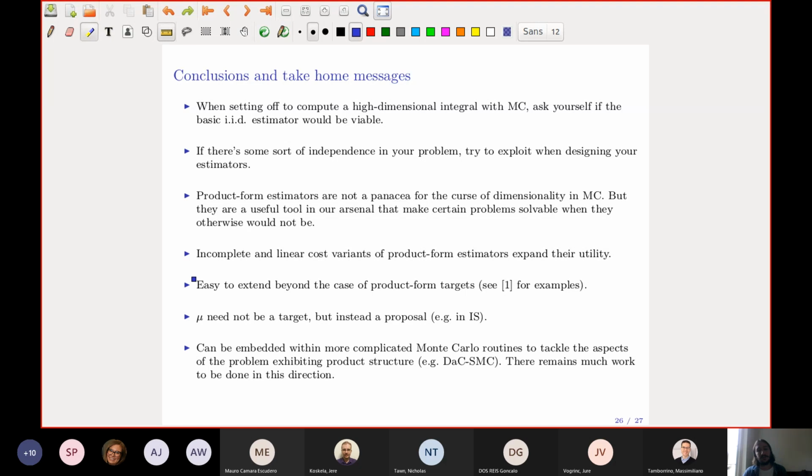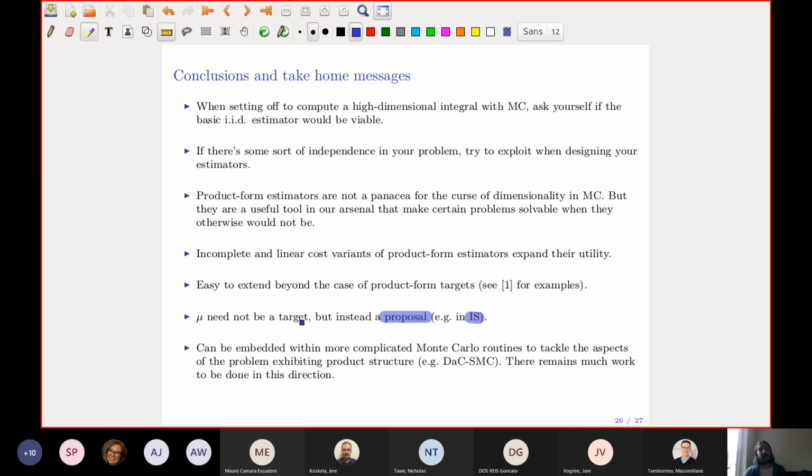And this is not something I went into in the talk, but it's really easy to extend these things beyond just product form targets. We put some examples in our reference in the preprint. There's one for when your target is a mixture of product form distributions, and that one's kind of obvious. And also, if you're using importance sampling and your proposal is product form, not your target, which is probably a lot more common, then you can do exactly the same thing.